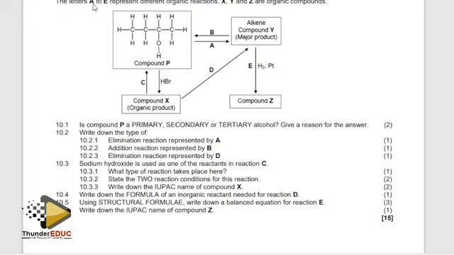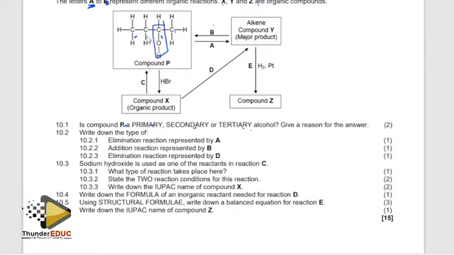They're saying that letters A to E represent different organic compounds, X, Y, and Z. Is compound P a primary, secondary, or tertiary alcohol? We talked about this. Where is compound P? The carbon atom with the functional group is here. How many carbon atoms are attached? It's 2 carbon atoms, therefore it's secondary. If it is 2, it means secondary.